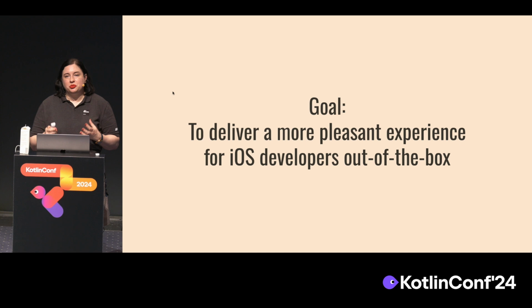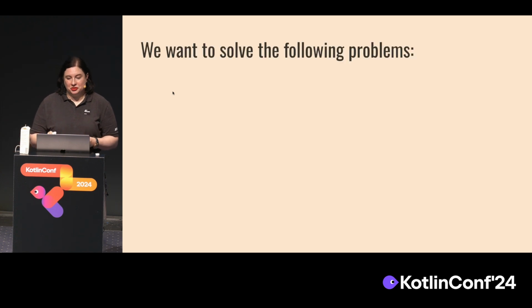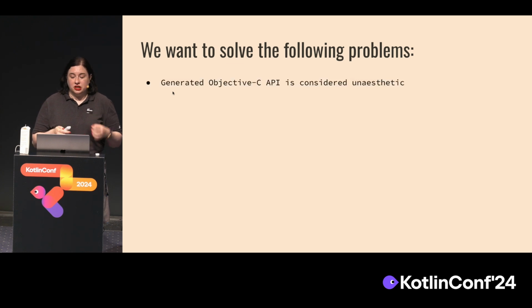The goal of this project is to deliver a more pleasant experience for developers out of the box when using Kotlin from their Swift app. So more specifically, we want to address the following problems. We know that the generated Objective-C API is considered unaesthetic and legacy by iOS developers, and we want to fix that.